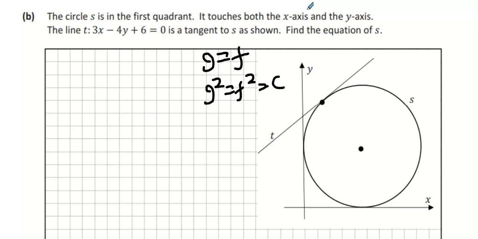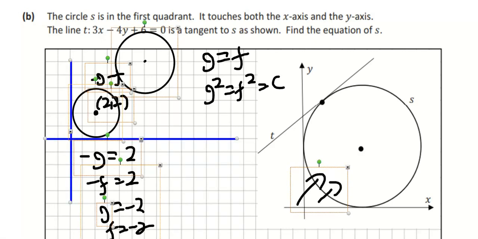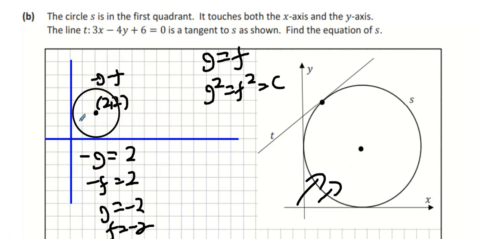Okay. So, if I go back a couple of steps to where I was earlier, you can see that, for argument's sake, the radius of this one that I was talking about earlier is 2. So the radius is 2, the g value is -2, and the f value is -2.